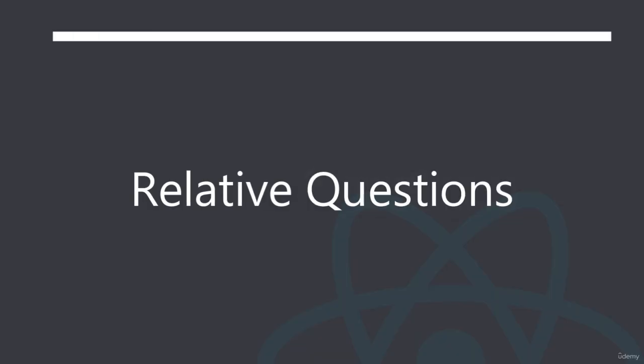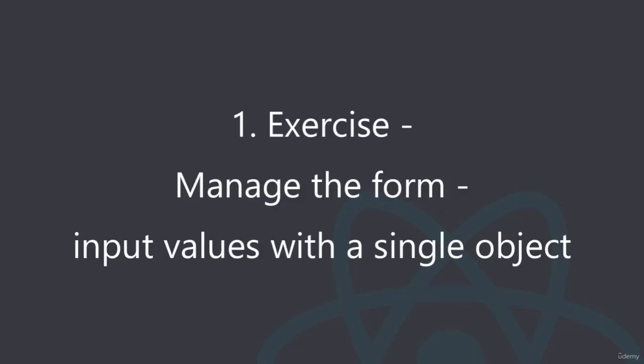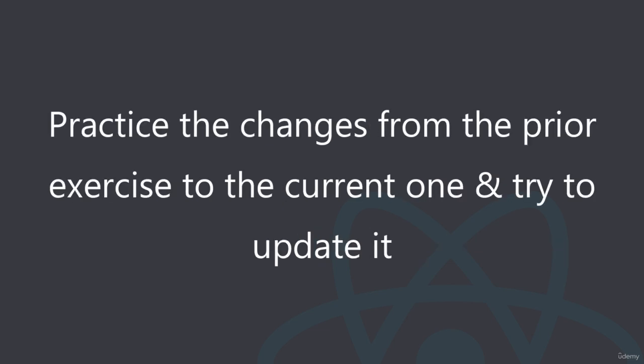Now let's talk about the related questions. The first question is the exercise that you manage the form input values with a single object. That means do not take multiple states and try to update it. So you can also practice the changes from the prior exercise to the current one. Try to update it so that you are clear with updating the object.